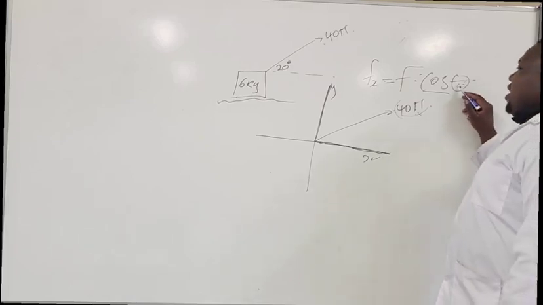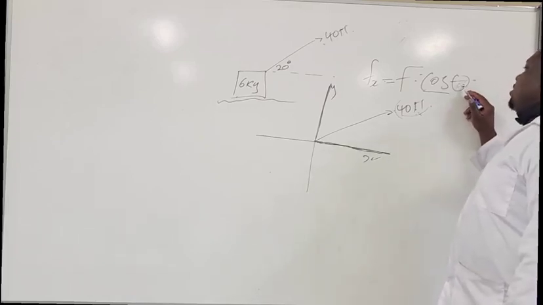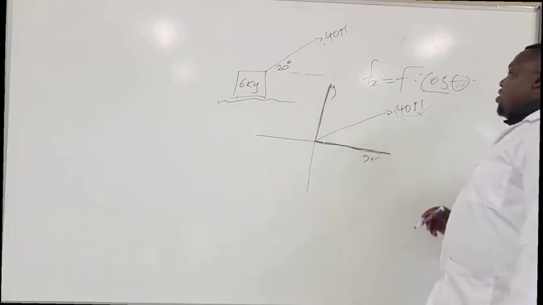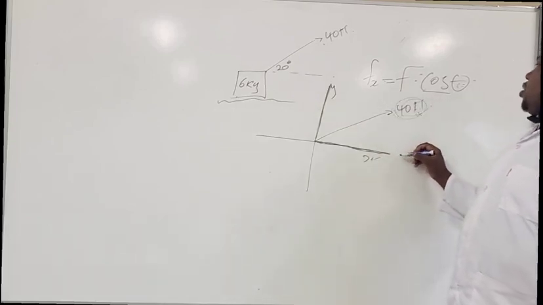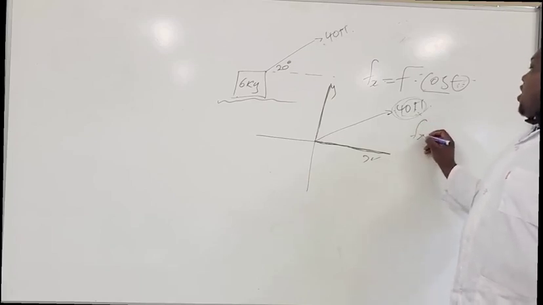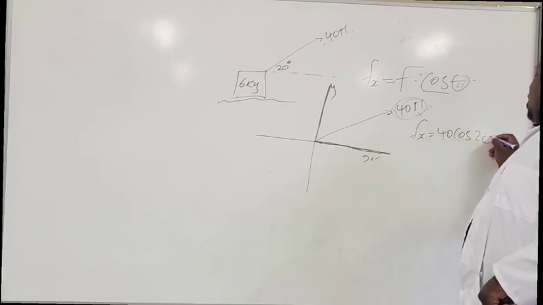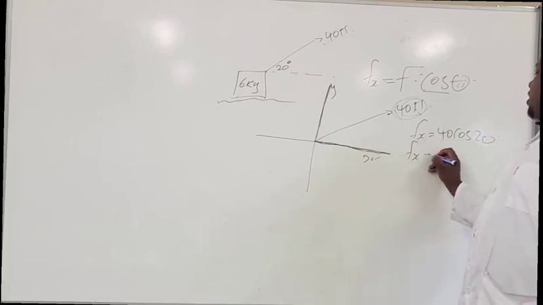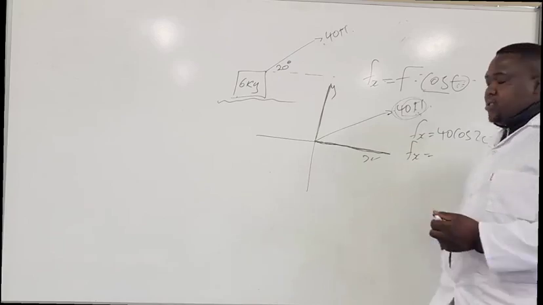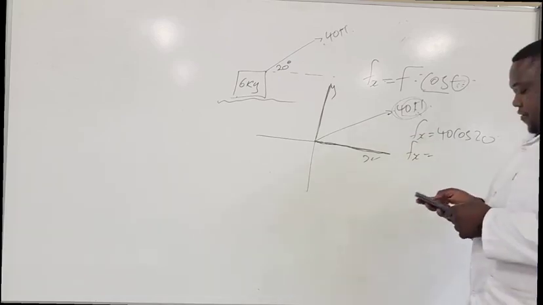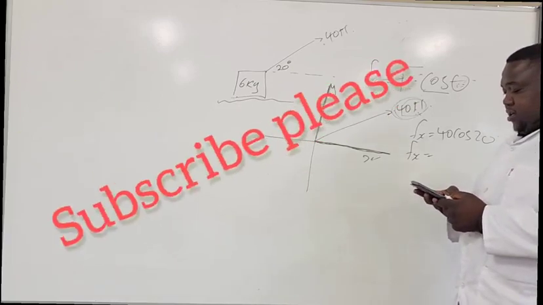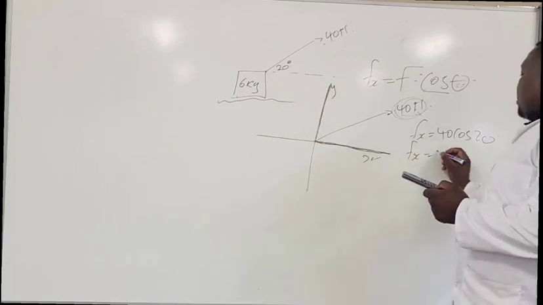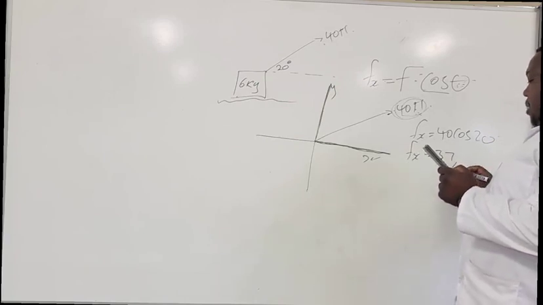And the angle between the force and the surface is what? It is 20 degrees in this scenario. So if we want to resolve this 40, Fx is equal to 40 cos 20. So the x component of that force is going to be 40 multiplied by cos 20, which will give us 37.59.